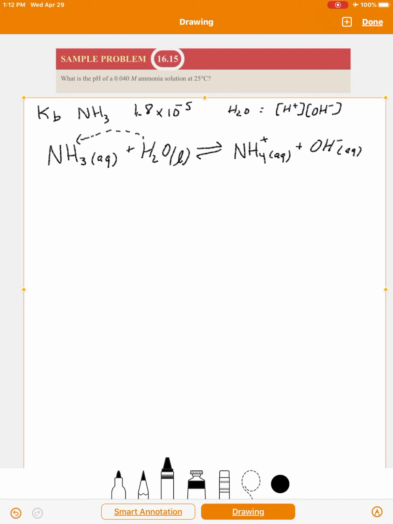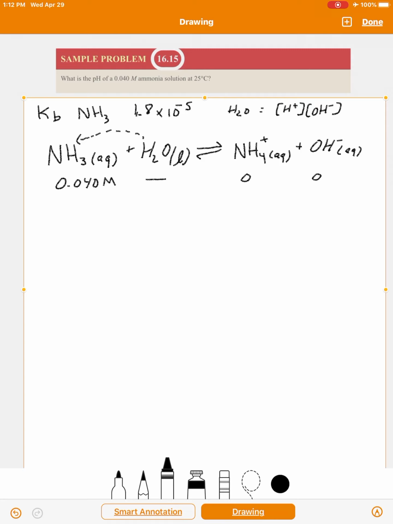Okay, we're given the initial concentration of ammonia, 0.04. Water's a liquid, not involved in the equilibrium expression. Ammonium, 0, right? Hydroxide, 0. This is before the ammonia dissolves, so there's 0. Do your Q calculation. Q would be the products over the reactants. 0 times 0 over 0.040, well, that's 0.